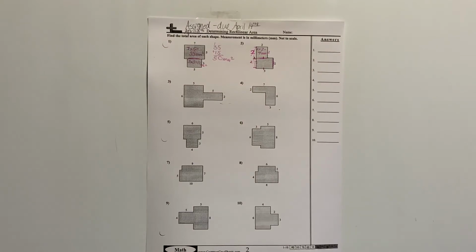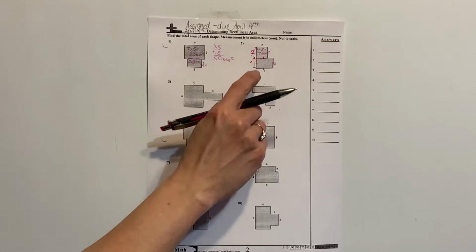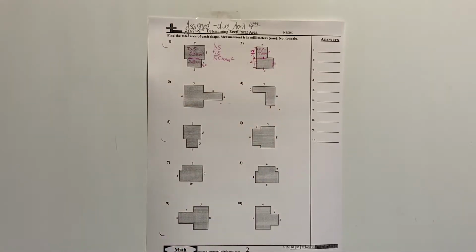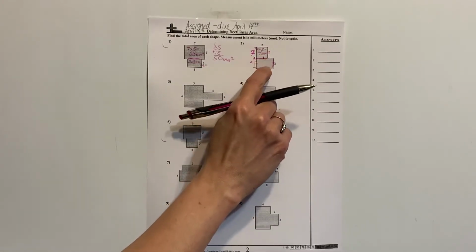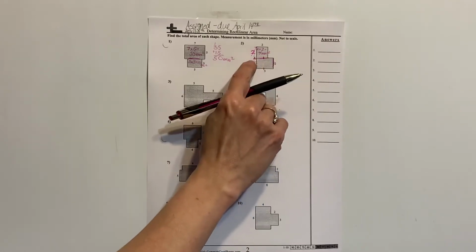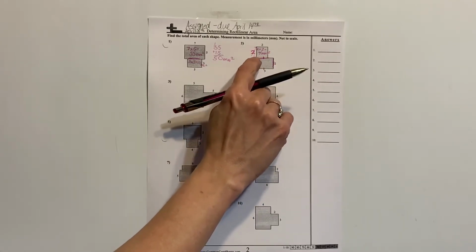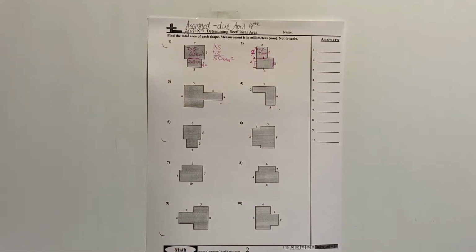I had to figure out, how am I going to find this small piece? Well, these two, because they're opposite, they're equivalent, since I know that these are rectangles. These two are equivalent too, because these two are opposite. These two, there's a 2 here and a 2 here, and 2 plus 2 gives me the total, which is 4. That whole length is 4.